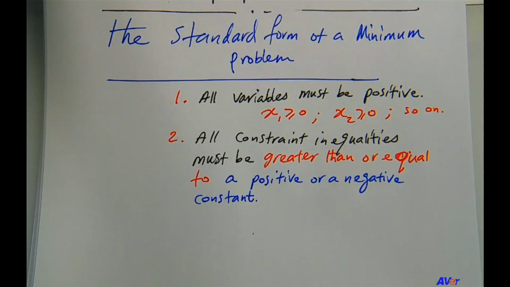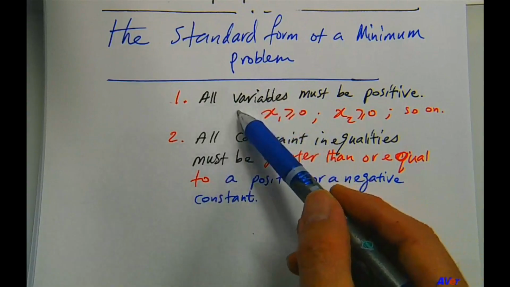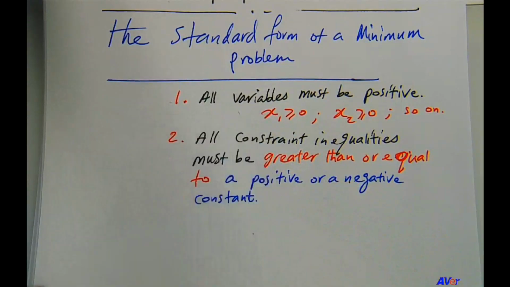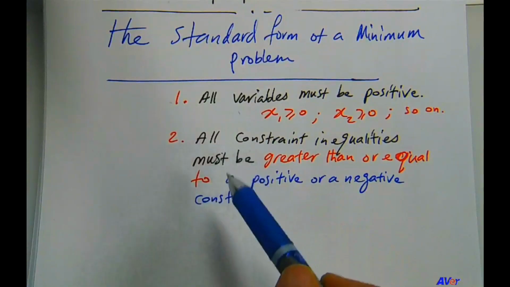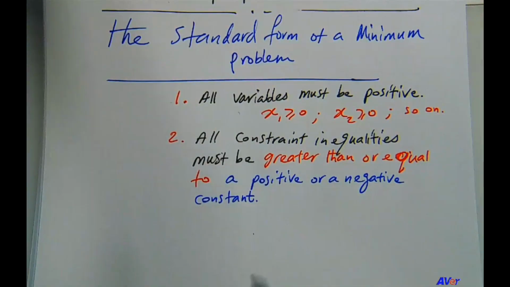Remember, with the maximum problem, all constraint inequalities must be less than or equal to a positive constant. So the first condition is the same as for the maximum problem. The second one is drastically different, right?